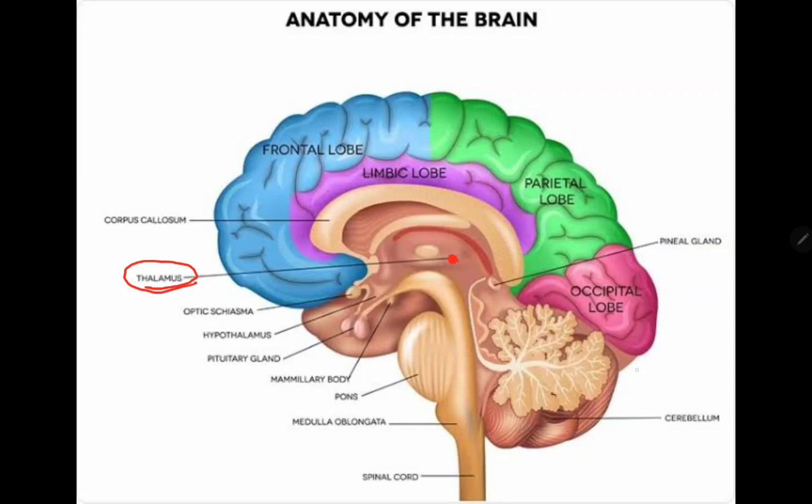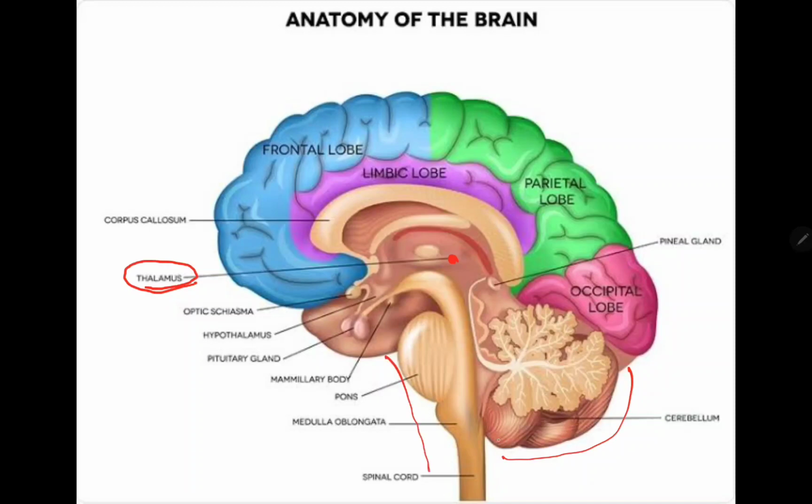Now let's come to the cerebellum part. This cerebellum is the lower portion of the brain, and this is the second largest part of the brain. It plays a very important role in motor control, coordination, and also helps us find our way out of a maze, meaning navigation.